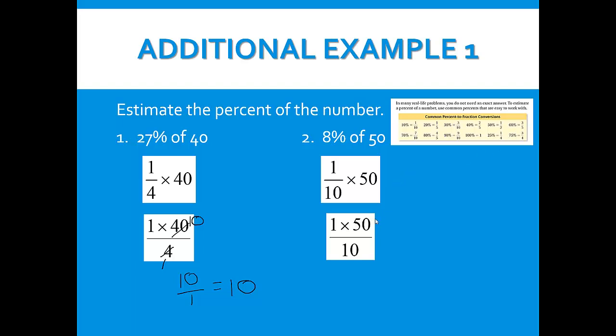Now we can simplify by dividing 50 and 10 by 10. 10 divided by 10 is 1, and 50 divided by 10 is 5. Now when we multiply, 1 times 5 is 5, and that would be over 1, and 5 divided by 1 is equal to 5. So 8% of 50 is about 5.